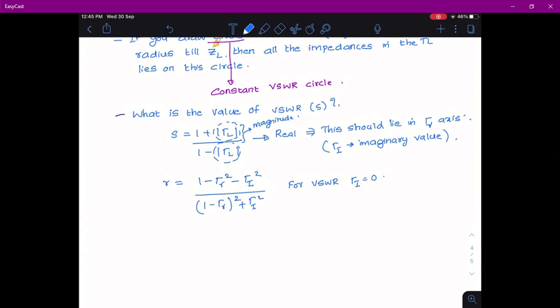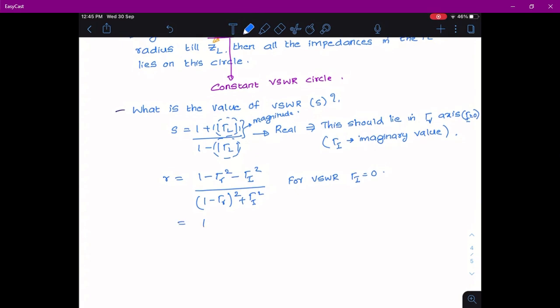So the tau r axis means the value of tau I is equal to 0. So your r value is 1 minus tau r square by 1 minus tau r whole square. So this is 1 minus tau r into 1 plus tau r by 1 minus tau r whole square. That is equal to 1 plus tau r by 1 minus tau r.